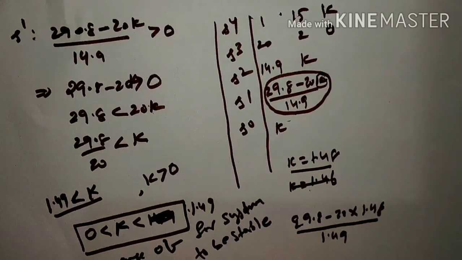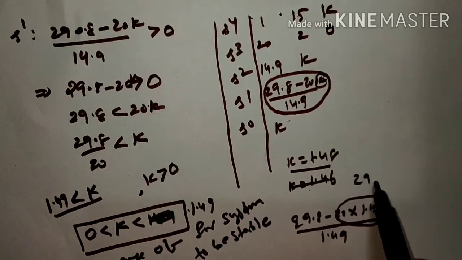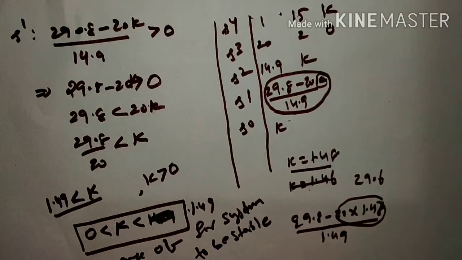So 20 into 1.48, this value is 29.6. So 29.8 minus 29.6, how much is it? It is 0.2.